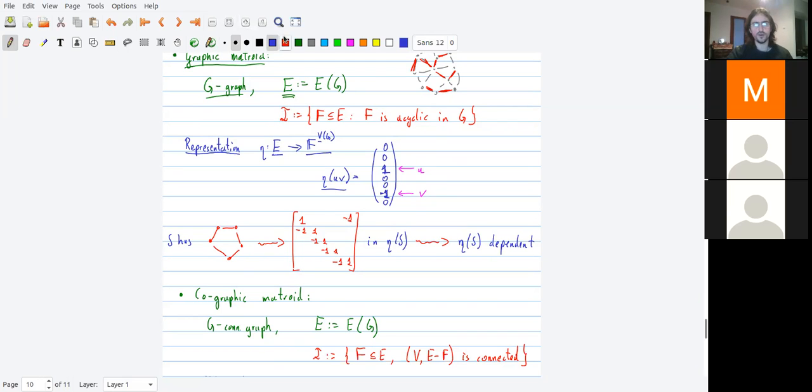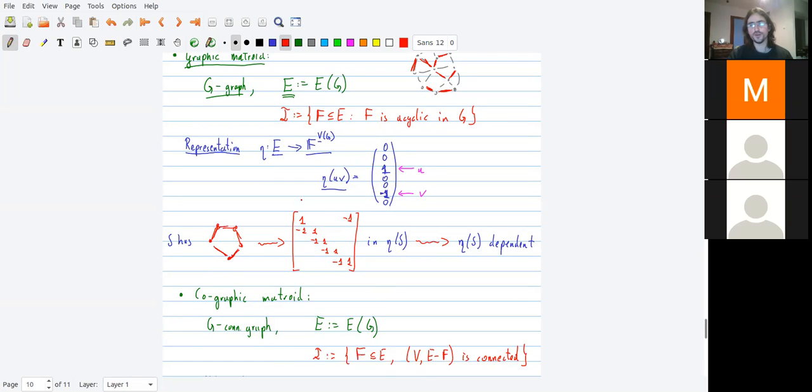And this is given in this picture. So imagine you've got a cycle among the red edges. How does this cycle look in the matrix formed by putting the vectors corresponding to those edges next to each other?